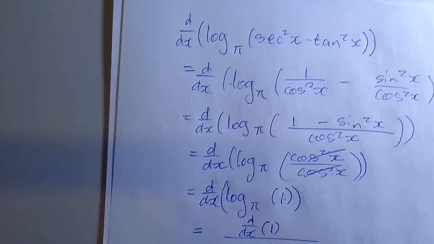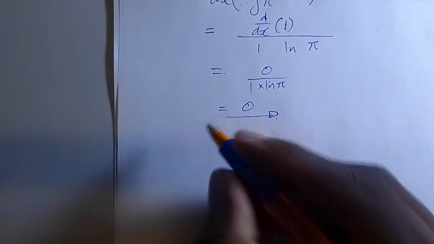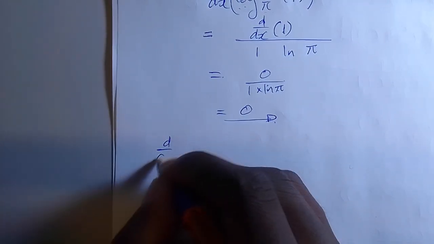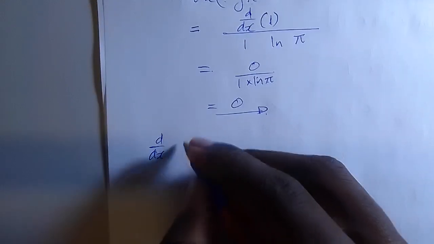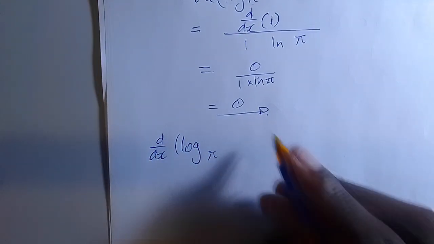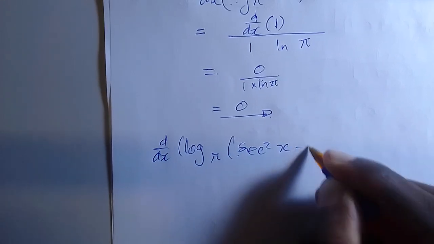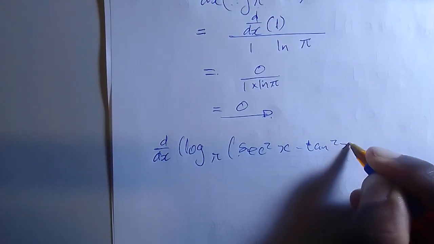Let us try doing that without simplifying this way and see if we get the same answer, which we should. d/dx of log base pi of sec squared x minus tan squared x.